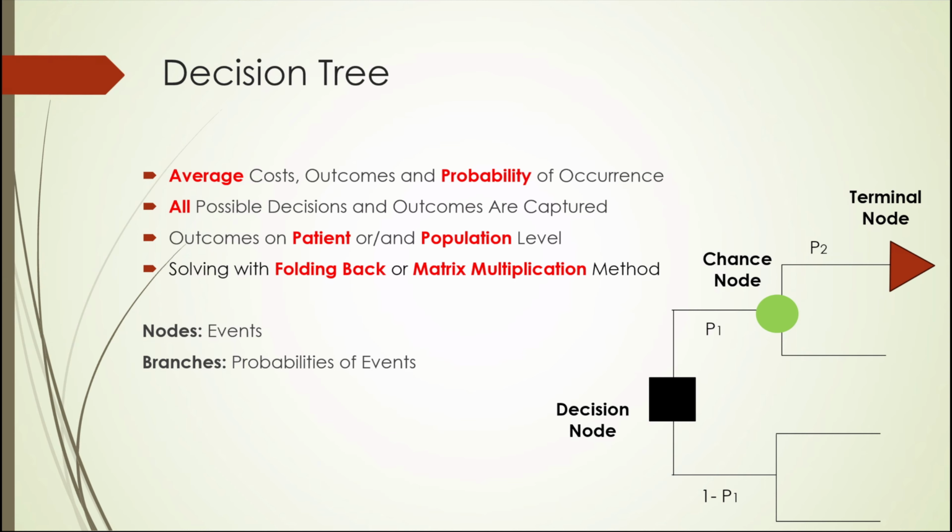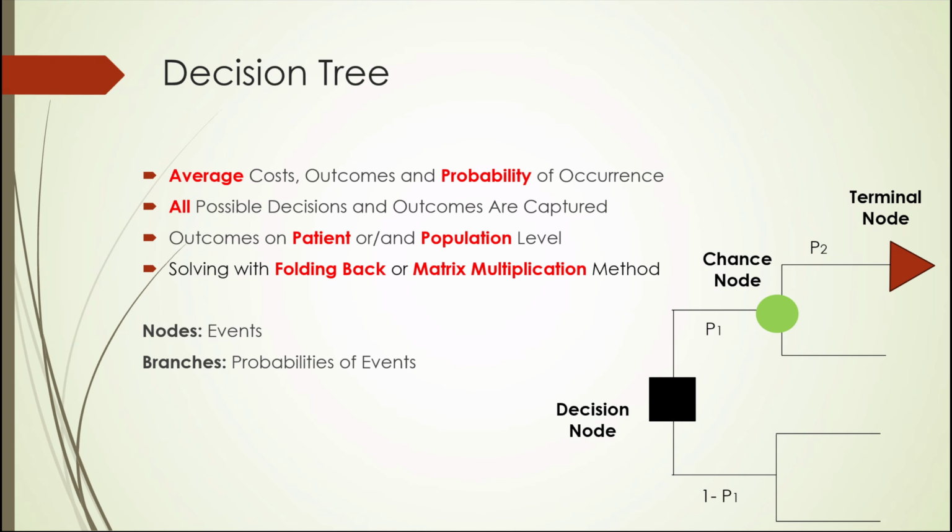And we have a series of chance nodes that happen with certain probabilities, as you can see as P1 and P2, until the patients move toward the terminal node. This terminal node can be either when patients are cured because we have a treatment for a certain condition, but if there is not a 100% cure, like in the case of HIV, unfortunately, the patients might go to the deceased compartment, which is a terminal node.